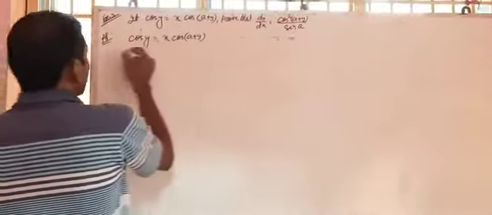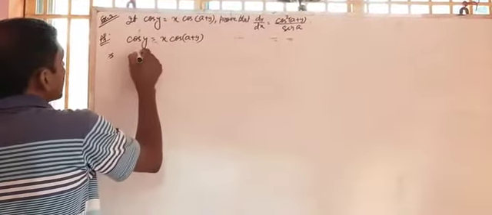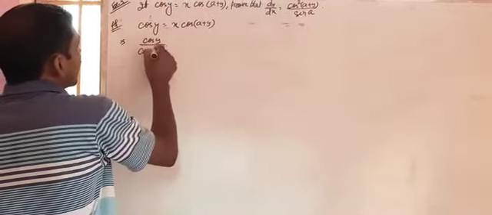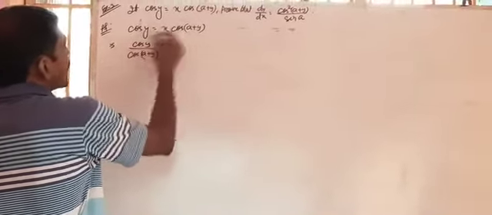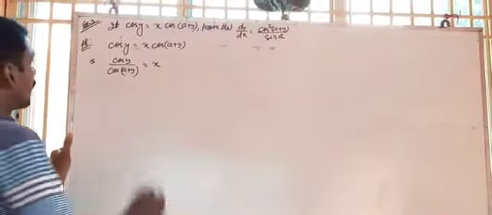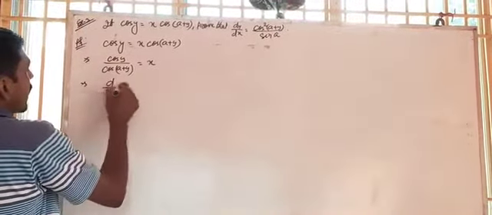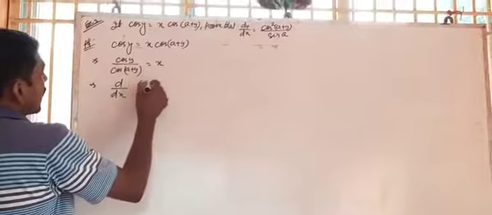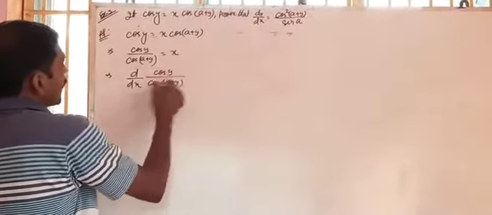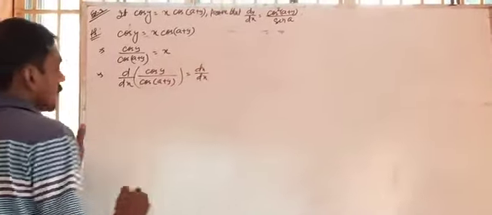So here you can write x equal to cos y by cos a plus y equal to x. Now we will differentiate both sides with respect to x. So d by dx of cos y by cos a plus y equal to dx by dx.